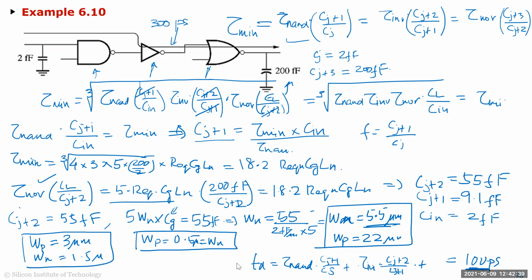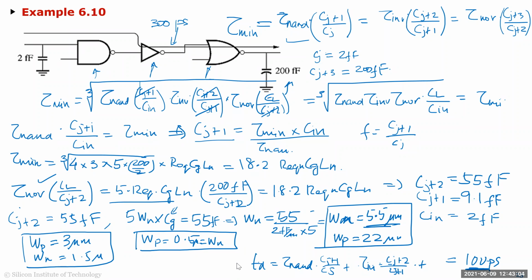So there we had the option to choose the number of stages and the sizes, and we figured out what's the minima for that. But now we are given a certain number of stages and we are required to find out the minimum delay in that. And for that, we use the same method basically to minimize the delay.